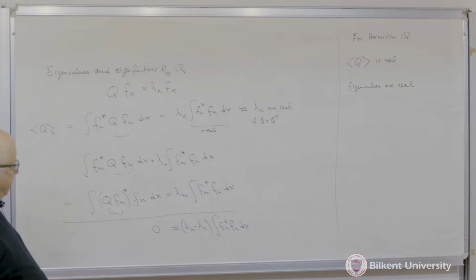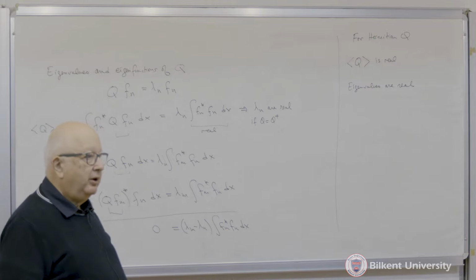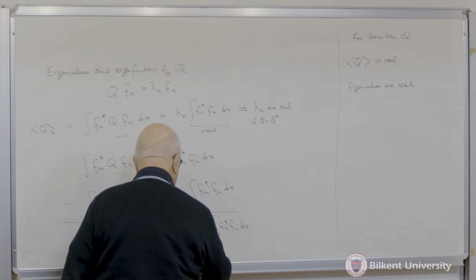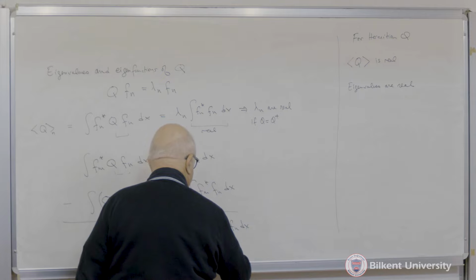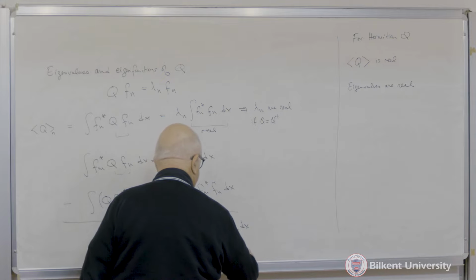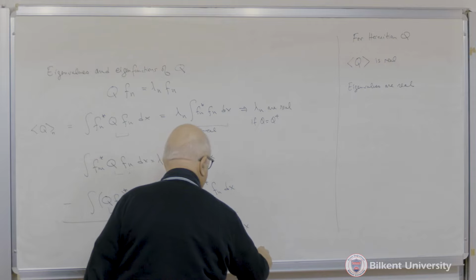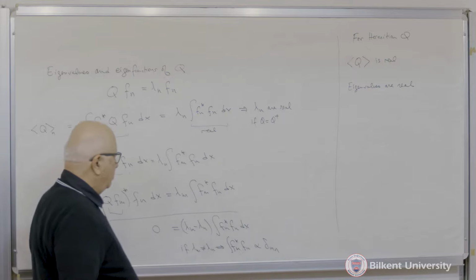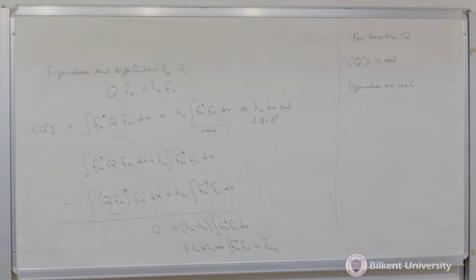So if lambda m is not equal to lambda n, that implies that this integral is proportional to delta mn. So they have to be 0 unless the eigenvalues are equal.